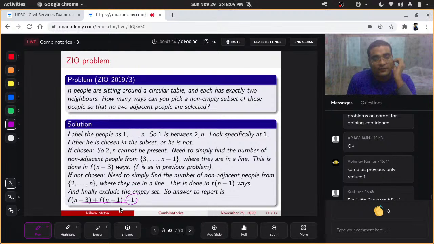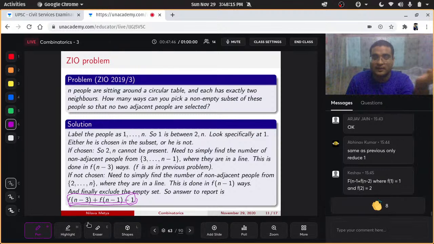So your final answer is exactly this boxed expression, where f is the Fibonacci sequence which was shown in the previous slide, where f1 is 2 and f2 is 3 and so on.